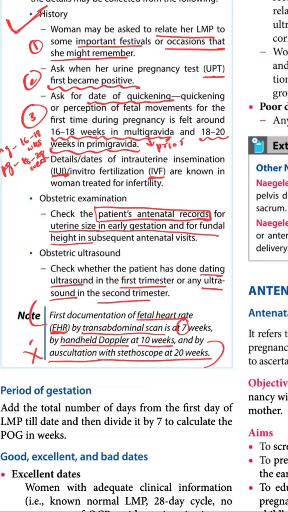This is very, very important, guys. The questions they will ask: fetal heart rate by transabdominal scan, when will it be documented? Around 7 weeks.